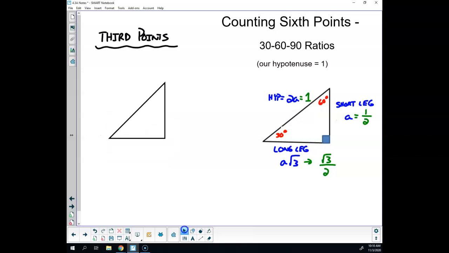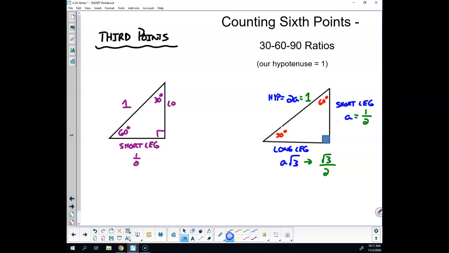So now, on my purple, this is going to be the 60-degree angle. This is going to be the 30-degree angle. My hypotenuse is still going to be 1. But now my short leg over here is 1/2.